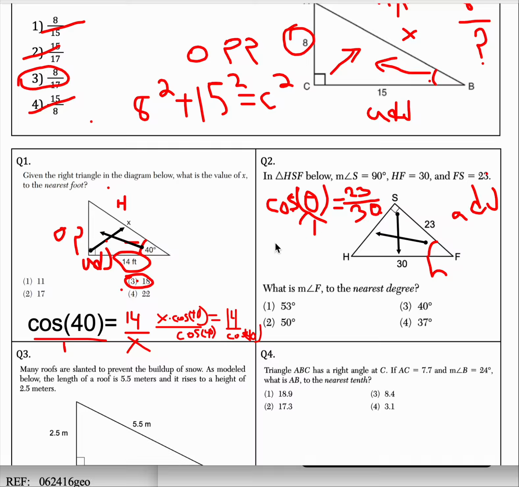So to find theta, we're going to use the inverse operation of cosine, or arc cosine. Let me call it arc cosine because I feel like we've used inverse a lot. Arc cos. Theta is not going to be in there, but 23 over 30 is.